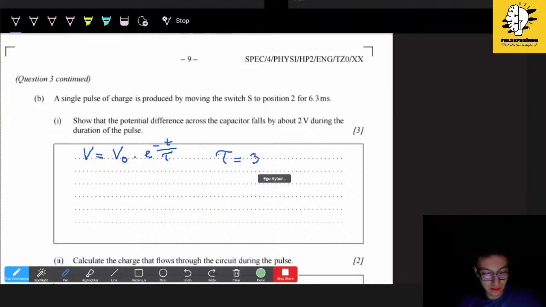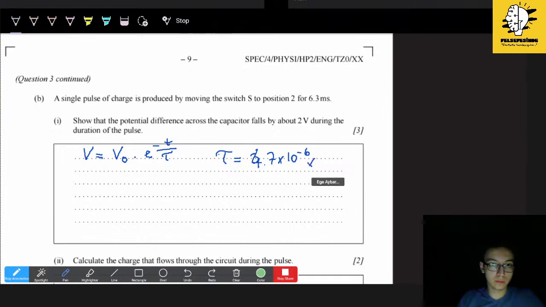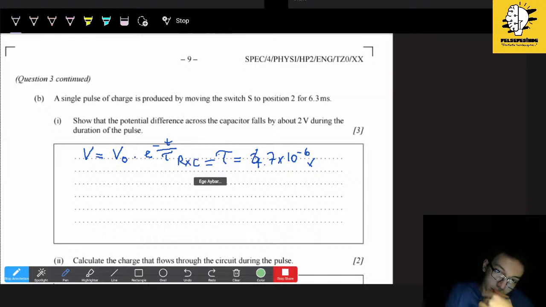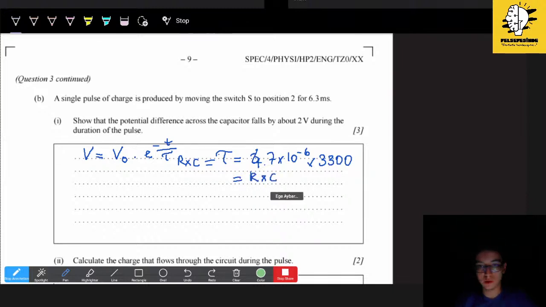It was 4.7 microfarads, so 4.7 times 10 to the minus 6 times, and what was the resistance? 3.3 kilo ohm. Okay. Yeah. Time constant is just resistance times capacitance. Exactly. And let's put those numbers.